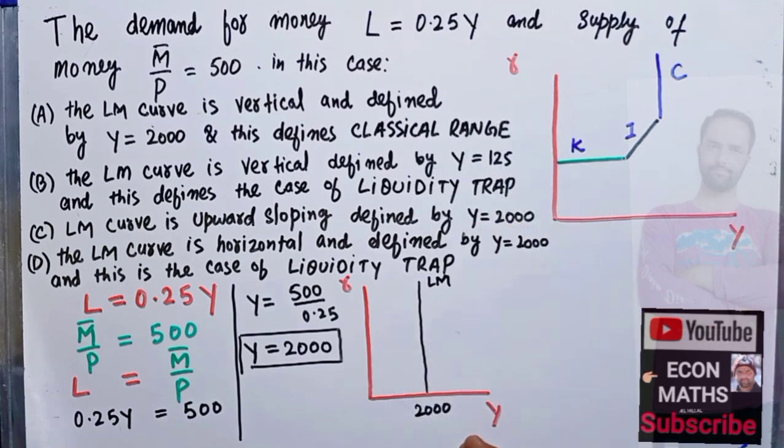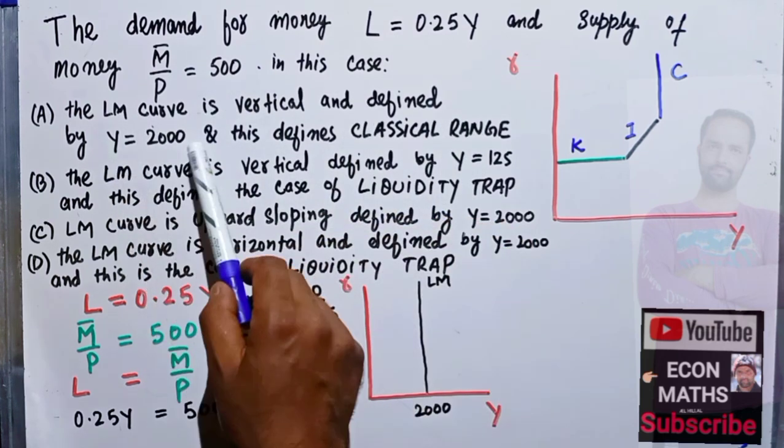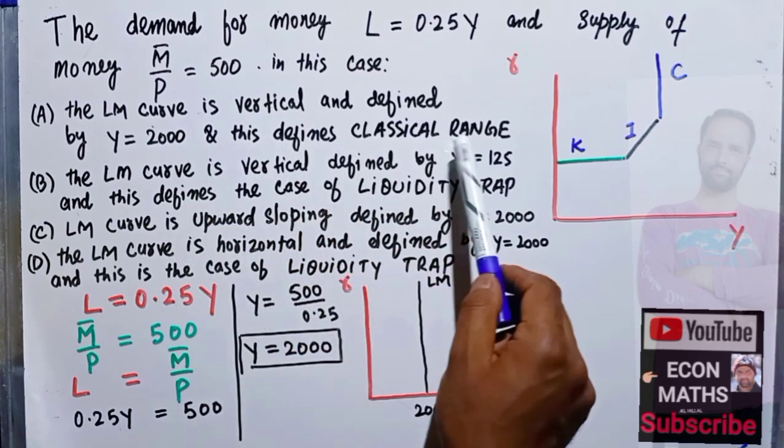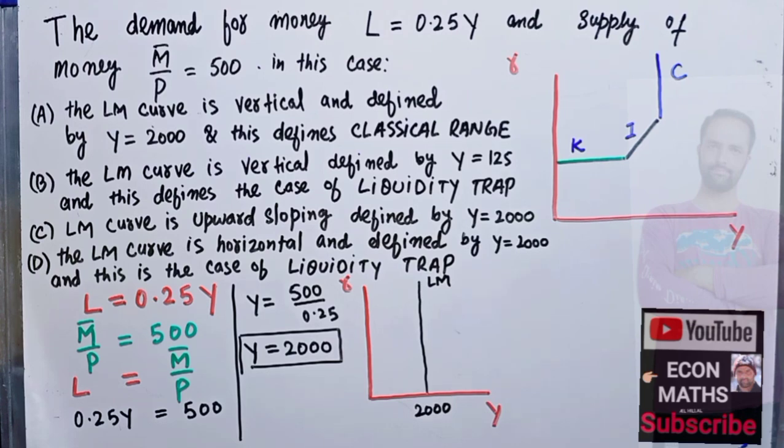So the correct option should be that the LM curve is vertical, defined by y equal to 2000, and this defines the classical range.